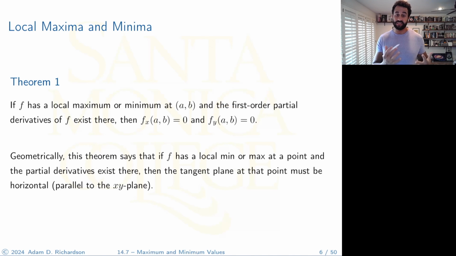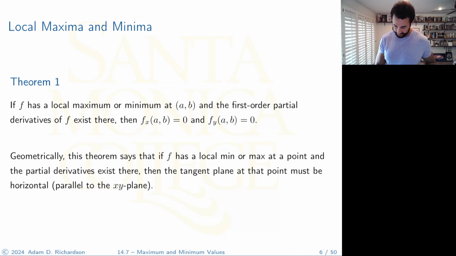So geometrically, if your function has a local max or a min and the partial derivatives exist, then the tangent plane has to be horizontal. This agrees with what you saw back in Calc 1: if you have a maximum or a minimum, then the slope of the tangent line must be 0. But now it's stated for functions of 2 variables. Same idea.